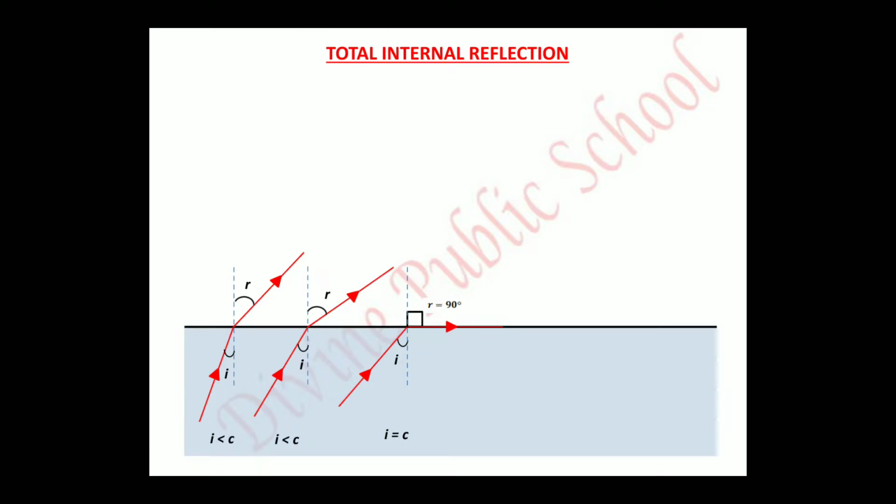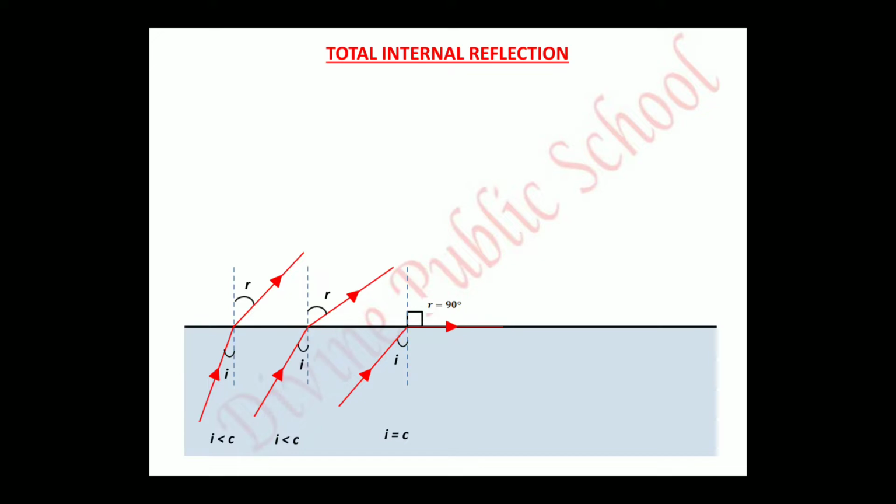So what we have learned from here is, whenever the ray of light goes from denser to rarer, then for a particular value of angle of incidence, the refracted ray makes 90 degrees with the normal. So this value of angle of incidence is called the critical angle.